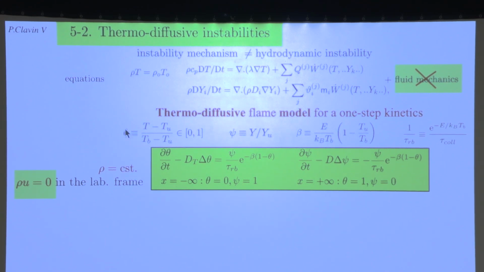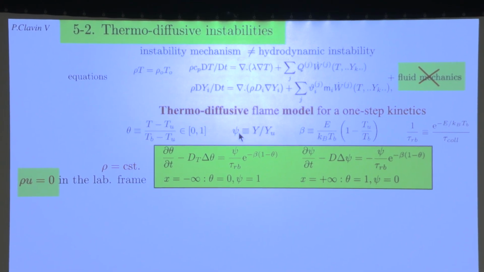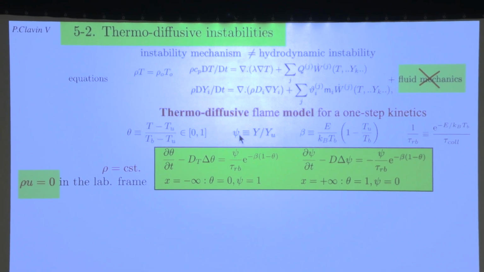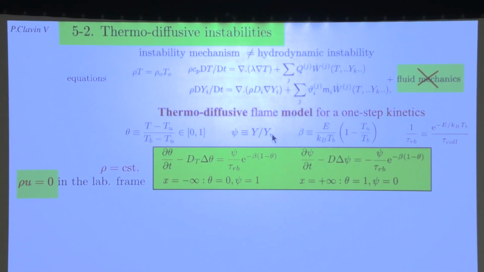And I also use the non-dimensional temperature, which is defined here, which varies from 0 to 1. And here, psi, the reduced mass fraction, is also going to vary between 1 and 0, because in the initial mixture Y equals Yu, so psi is 1, and when you have burned everything, Y is equal to 0, so psi equals 0.